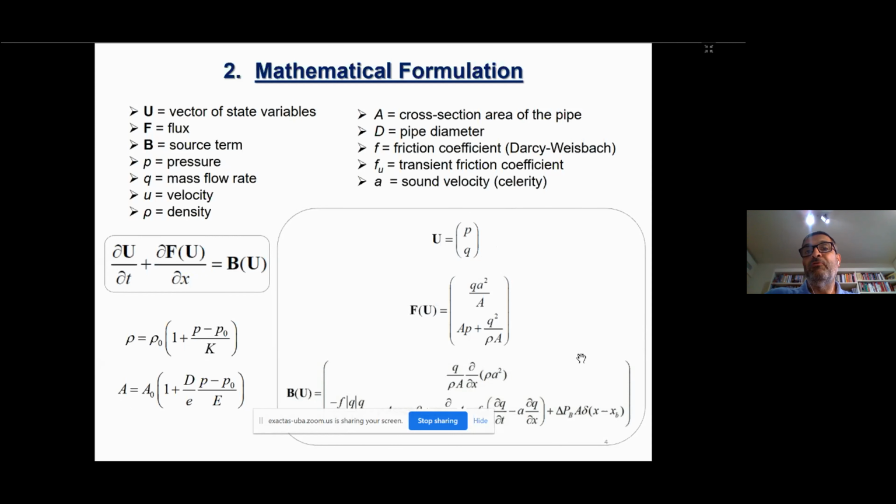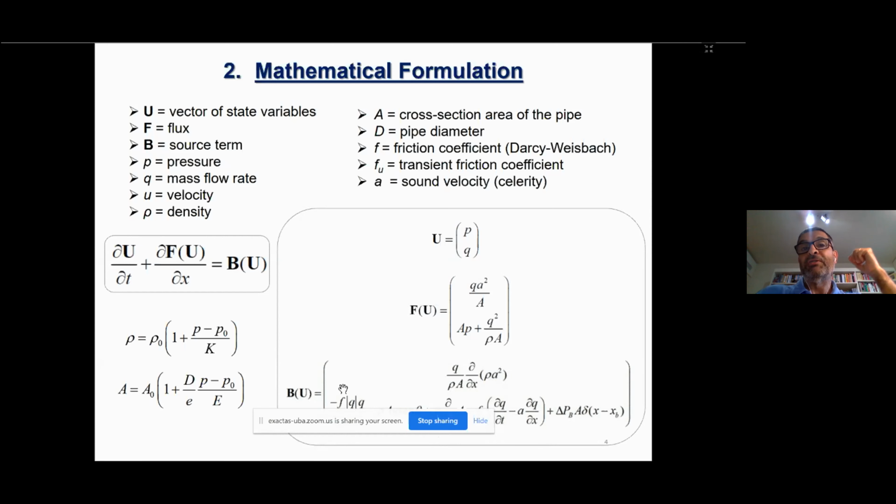The source term for the momentum equation, given by this term here, includes the friction factor. It also includes a term due to the change in elevation, the variation in the area caused by the pressure, localized pressure losses, for example in valves or in T's and elbows, and a friction term that results from the transient flow.